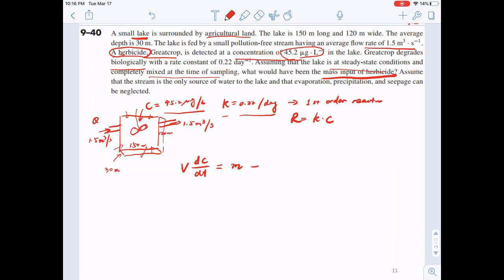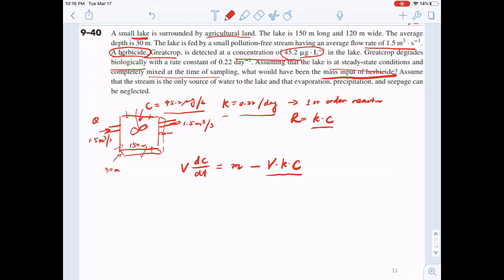So we also know that there is a natural or biological degrading of this herbicide, right? We know that this is a first order reaction. So this chemical is being consumed by this first order reaction. We should also include that term in this equation, which is V multiplied by K multiplied by C. Okay, so this is the degradation term.